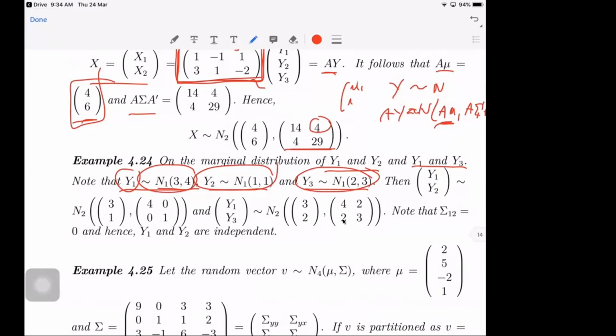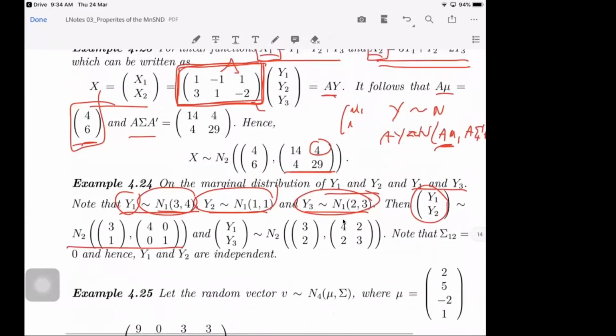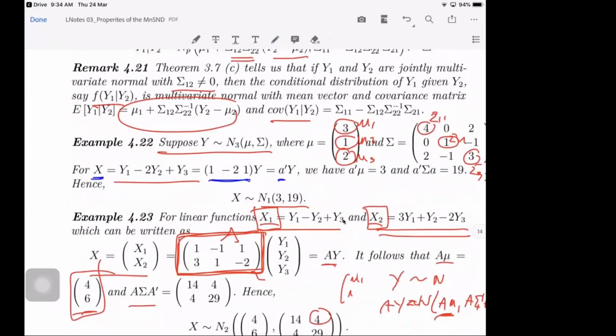So what we want is the marginal distribution, or the joint distribution, of y1 and y2. So this is the joint distribution of y1 and y2. You still get these entries here in your covariance matrix.